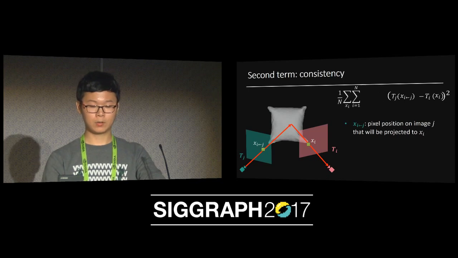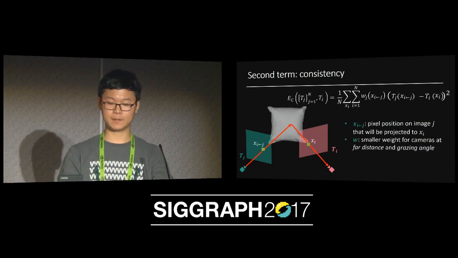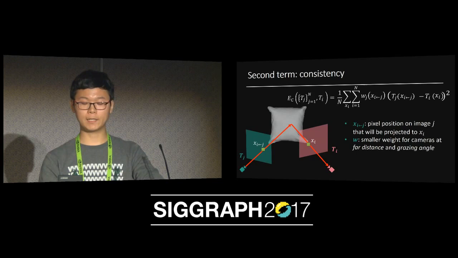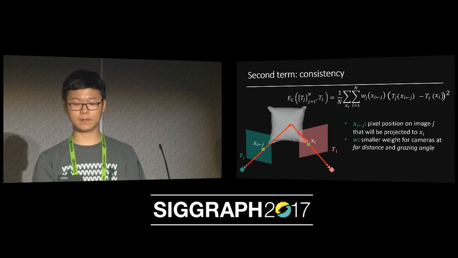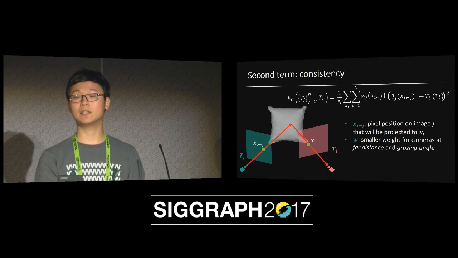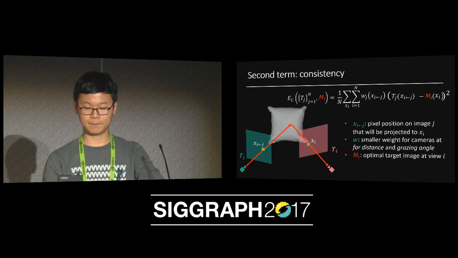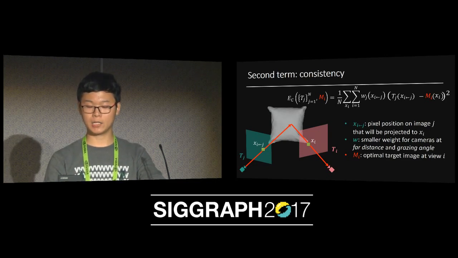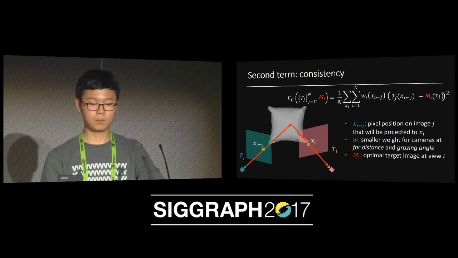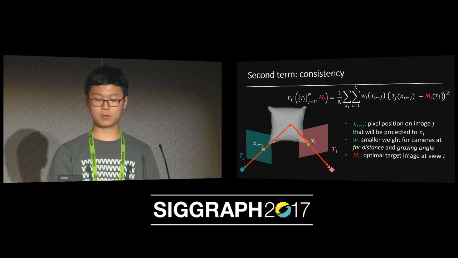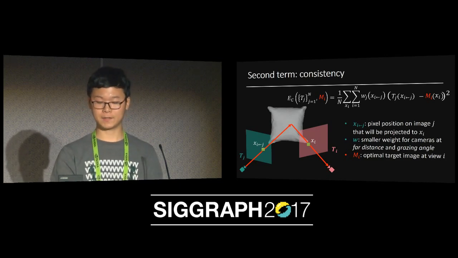Also, we assign each term different weights. It basically gives a smaller weight to the cameras that look at the surface at a grazing angle and are farther away from the object. For the sake of alternating optimization, we introduce a new variable mi, which stands for the optimal target image at each view. So by minimizing this term, we could ensure that all target images are consistent with each other.